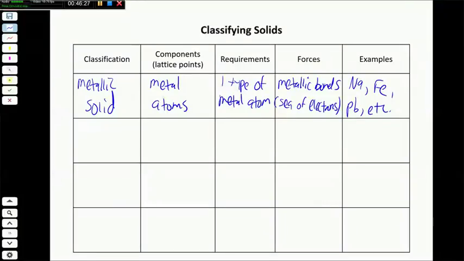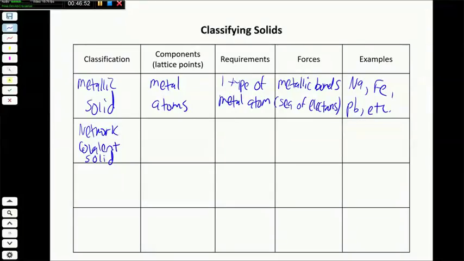The next one that we talked about was a network covalent solid. So network covalent solids, there are two different types. Some network covalent solids are atomic solids, meaning they only have one type of element and one type of atom.